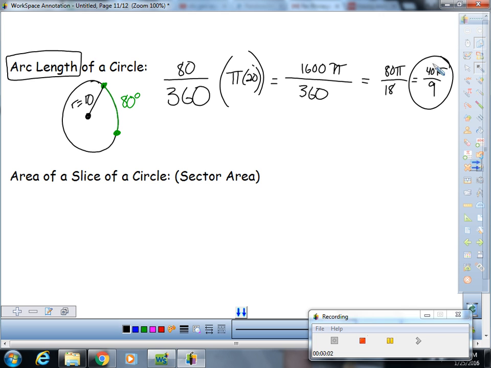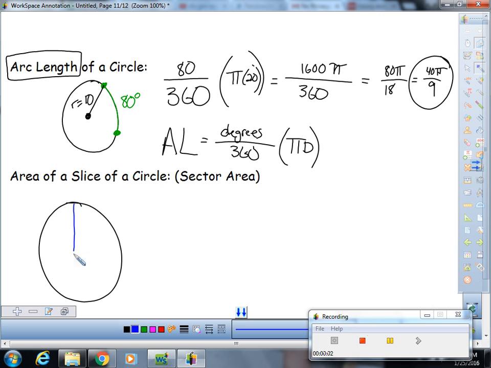I think that's right. So, the arc length of a circle is equal to the degrees of the arc over 360 times the circumference.